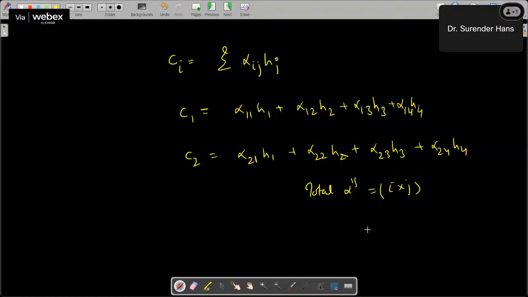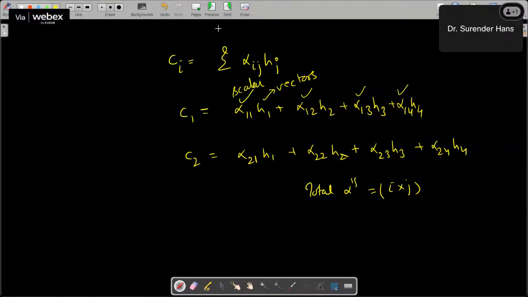Okay, so now let's discuss how these alphas are calculated. Alpha is a scalar, and this H is a vector.